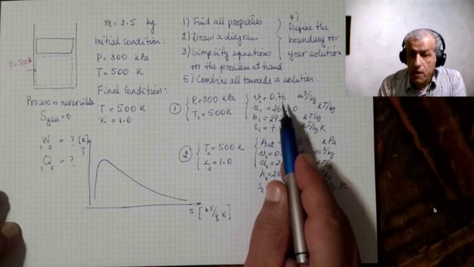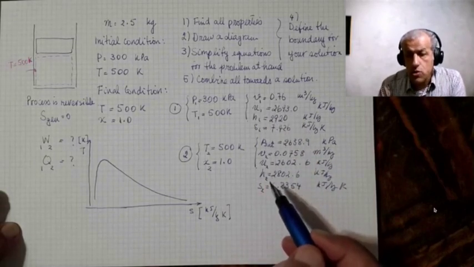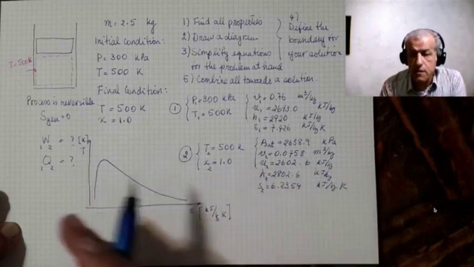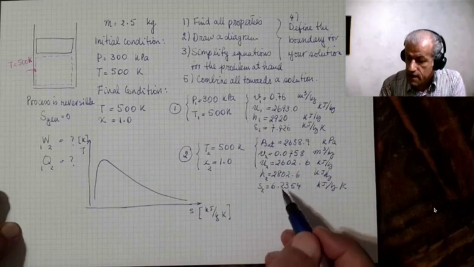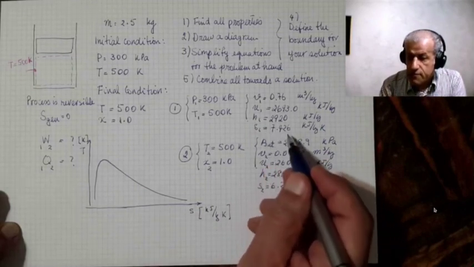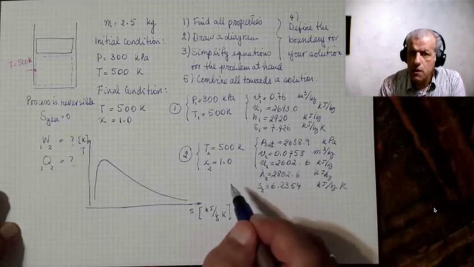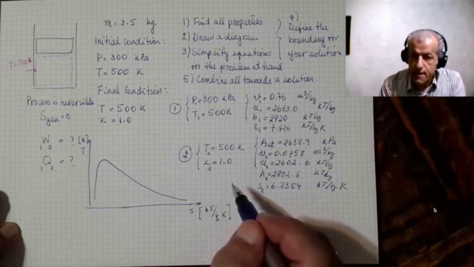So, in fact, between 1 and 2, there should be 10 times difference. Now, while we are drawing the TS diagram, the difference is 6.23 and 7.42. So it's more manageable, and what we would draw would be more realistic.